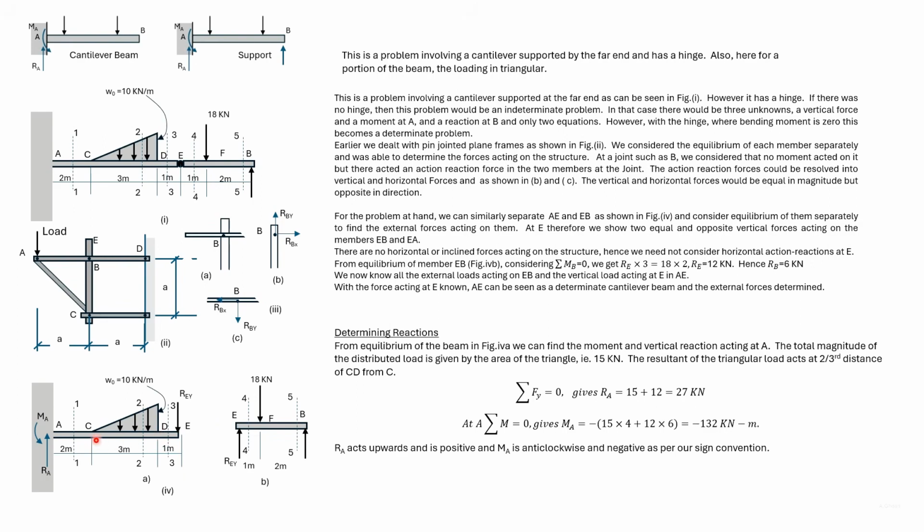The resultant of this triangular load acts through the centroid, which is located at 2/3 distance of the base from C, that is at 2 meters, which means that the distance of the resultant of the triangular load is 4 meters from A. So we get the moment MA as 15 into 4 plus 12 into 6.